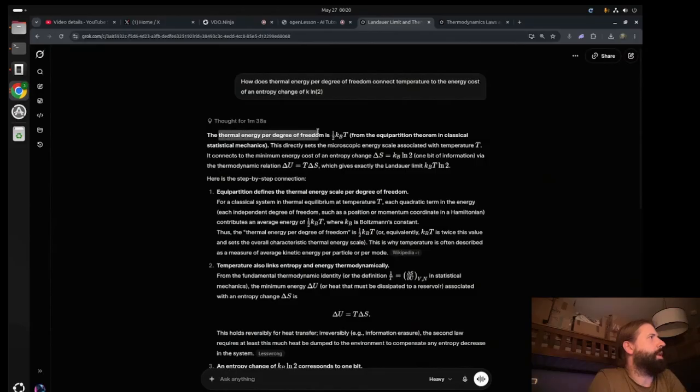I need to open this up. That's not something I know about. So this directly sets the microscopic energy scale associated with temperature T. It connects to the minimum energy cost of an entropy change via this relation: an increment of U equals T times an increment of S, which is exactly the Landauer limit.